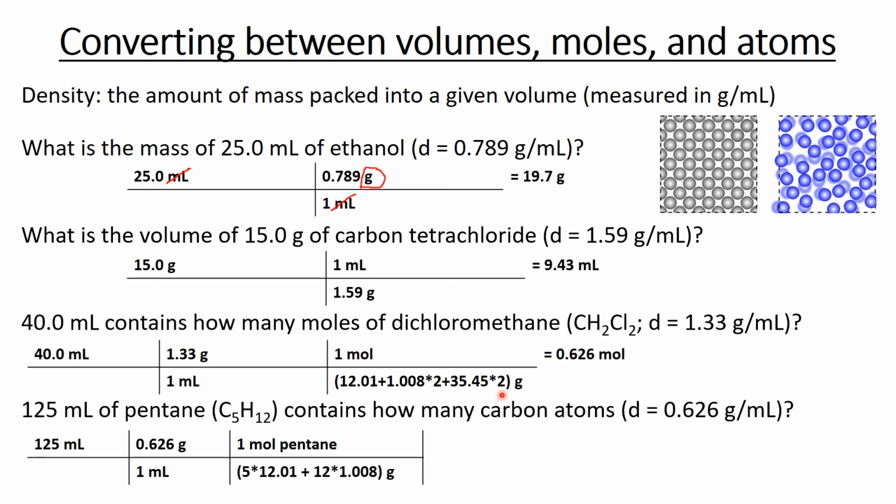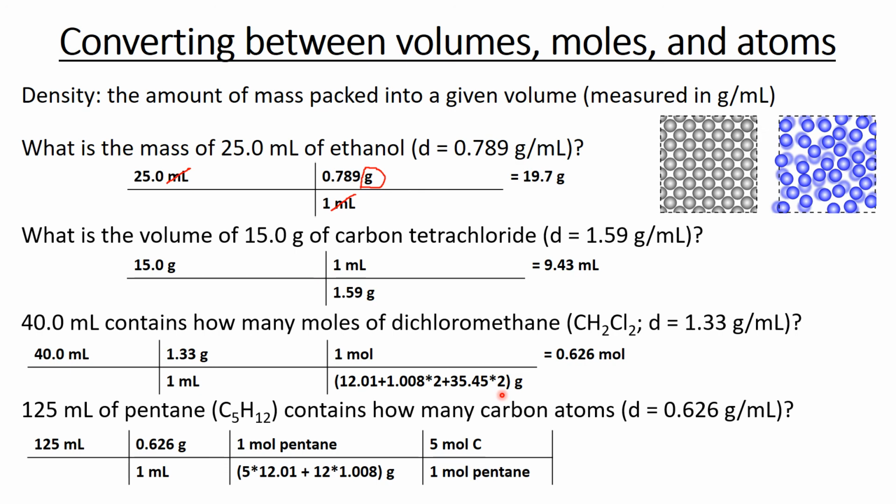So that's 5 times 12.01 plus 12 times 1.008 grams in 1 mole of pentane. And then we need to convert moles of pentane into moles of carbon, right? Because the question asks about carbon. So 1 mole of pentane is the same as 5 moles of carbon.